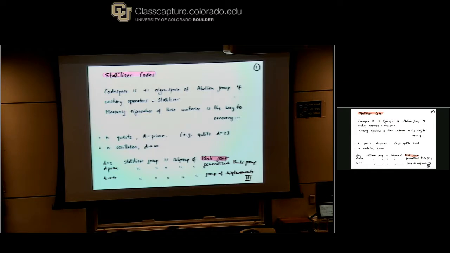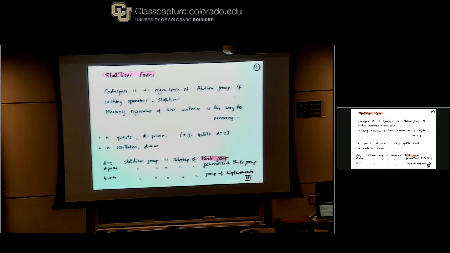by saying a few things about qubit stabilizer codes, because you are more familiar with that, but also showing that the oscillator stabilizer codes, the continuous variable versions of it, are a very natural extension. The way you choose your code space in this high dimensional space of n qubits is as an eigenspace of a group of unitary operators.